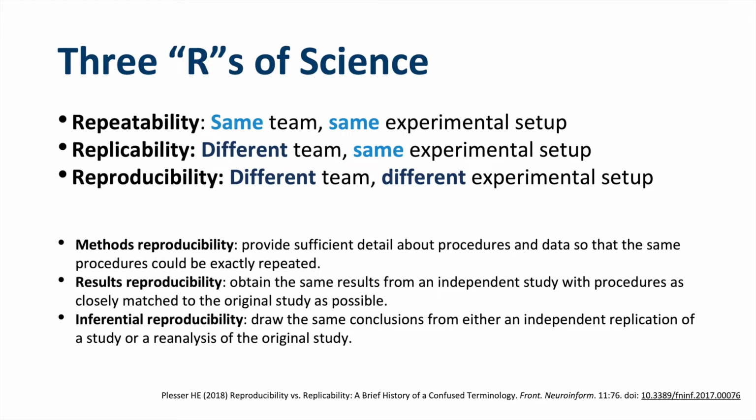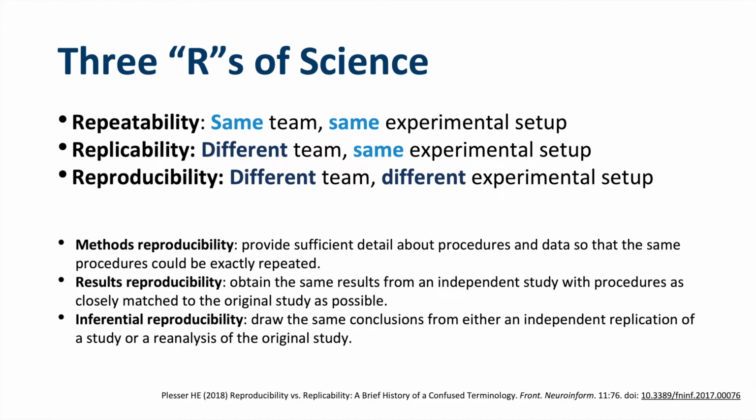These definitions, you can think about them differently in terms of methods, results, and inference. They also mean something a little bit different with data and modeling type of sciences, which we'll talk about. But if you want to dig in deeper into these definitions, there's a link to a paper below.